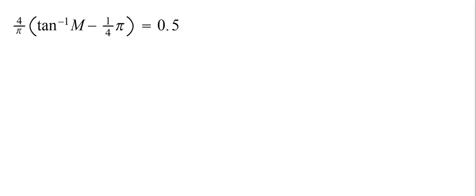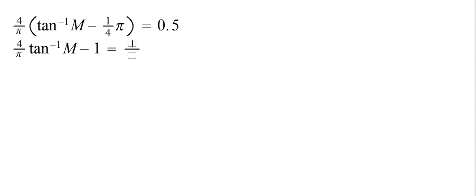Now I just typed it up because otherwise my old hands are not cooperating in handwriting. So if we distribute it, this becomes 4 over pi tangent inverse m, and this is the reciprocal of this quantity, so that should simply be 1.